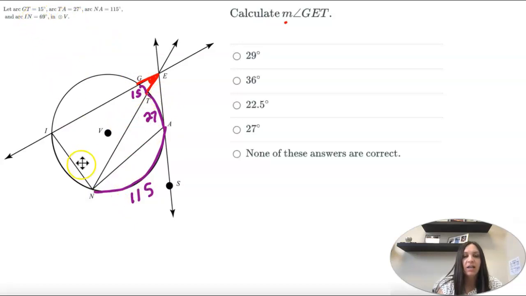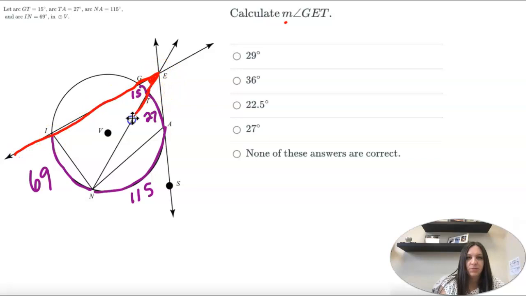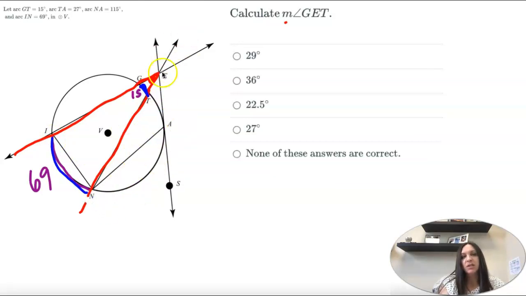Oh, and arc I to N is 69. We actually do need that one. So we're using this angle and these two lines, and they make up these arc lengths that we need to use. So we actually don't need this 27 or 115. So I'm going to erase that and just focus in on what I have in red.